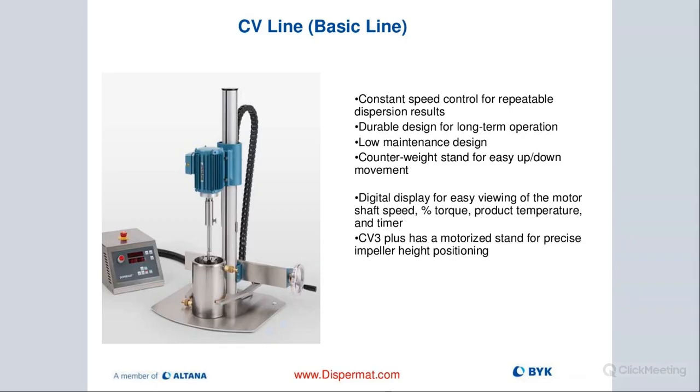We have also the next model up is the CV line. We have a new CV model going to be introduced in August this year. It's a really big redesign for us. That new machine will have that beautiful control panel that you see on the AE model that I showed you earlier, but you will also have the capability of adding a scale that will be basically displayed.